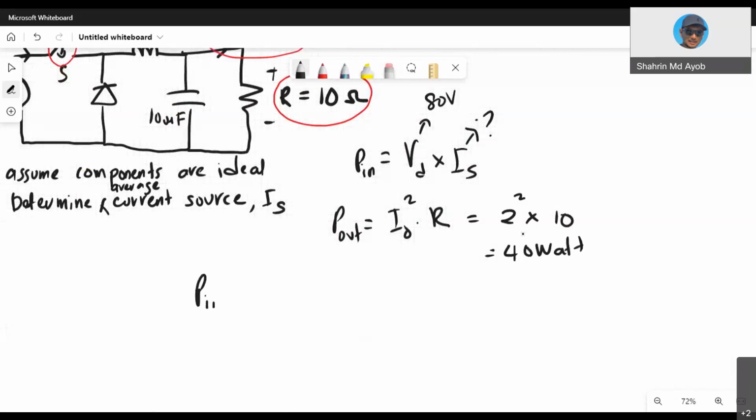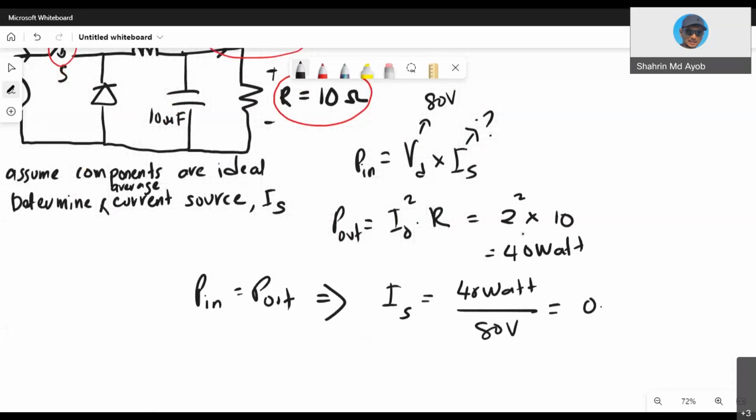So P in is equal to P out. Your I source should be 40 watt over 80 volt, so this should be 0.5 amperes.